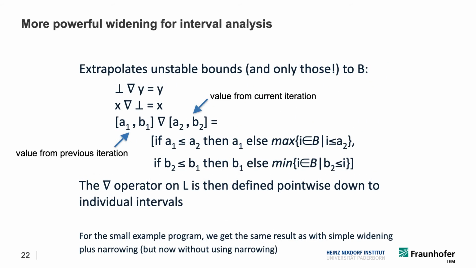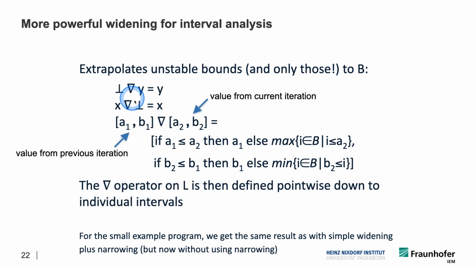So how do you compute such a widening operation then? If we do this for the interval lattice in particular, then we want to extrapolate unstable bounds, and only those unstable bounds, right? So these cases where we have instability, to, again, this finite set of boundary values B, okay? And widening for the initial case where we have the bottom element is defined trivially.